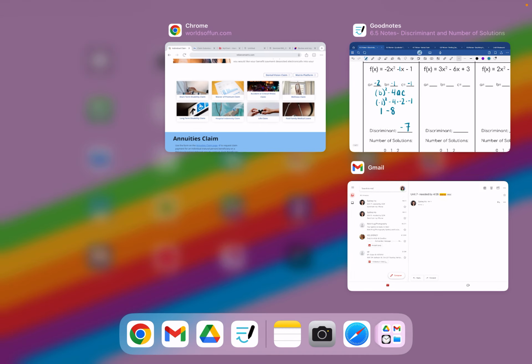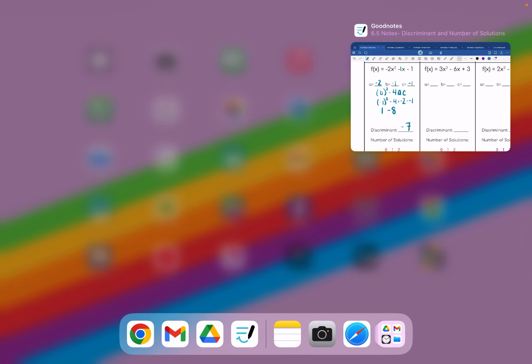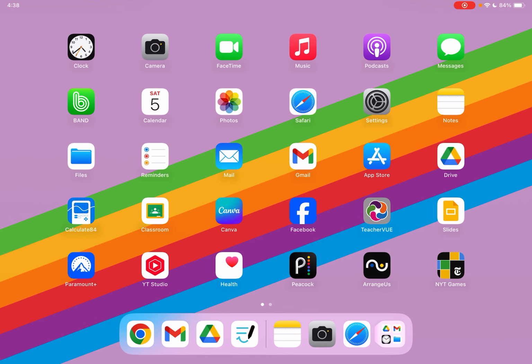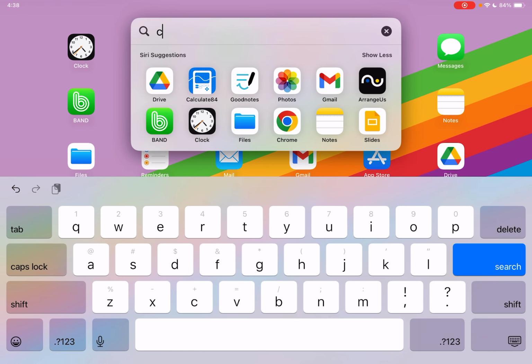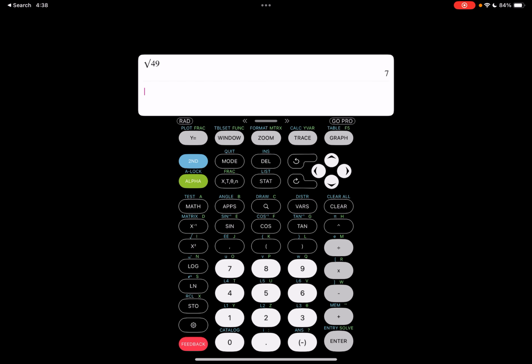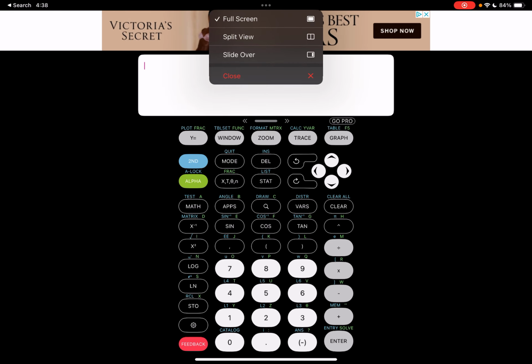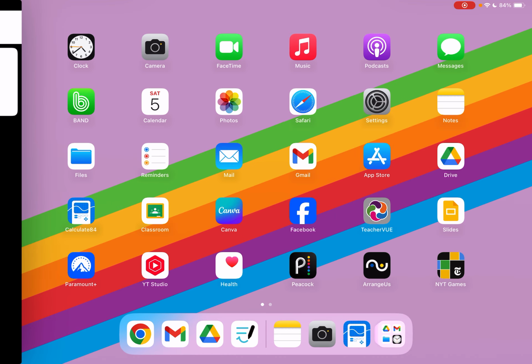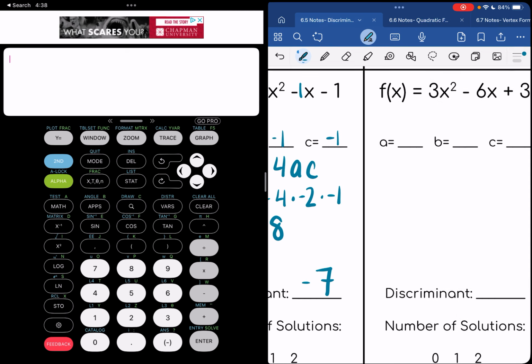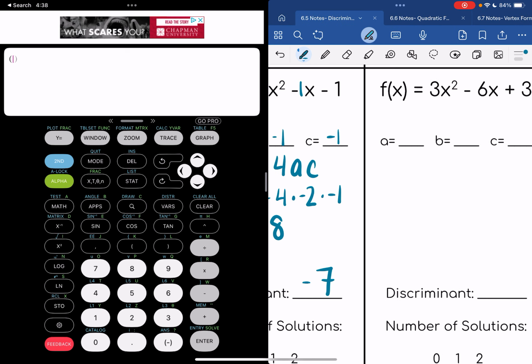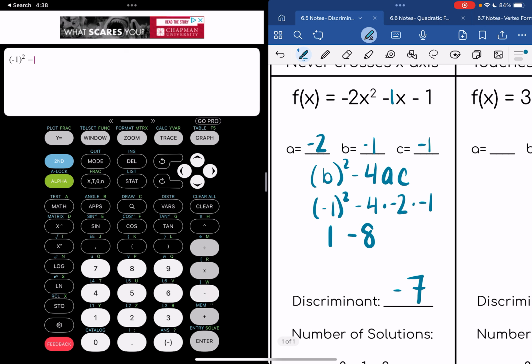If I wanted to do this in my calculator, I would split view. I would do negative 1 squared minus 4 times negative 2 times negative 1, and I would get negative 7.